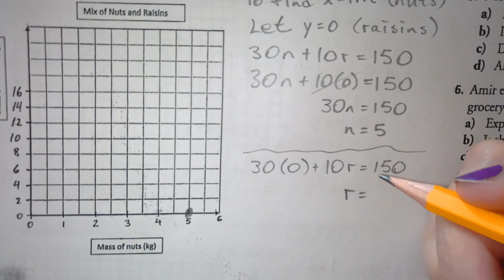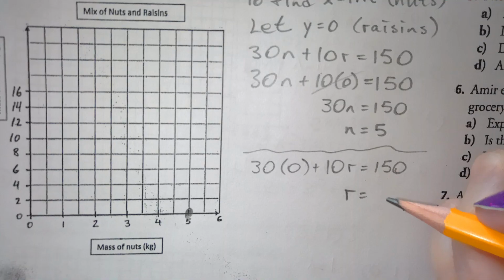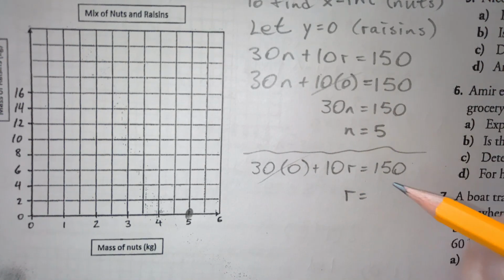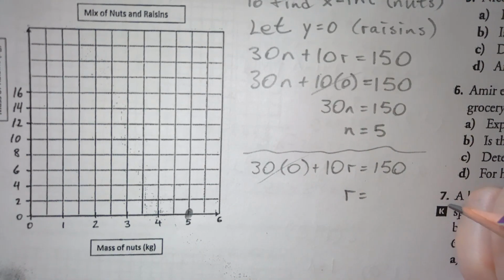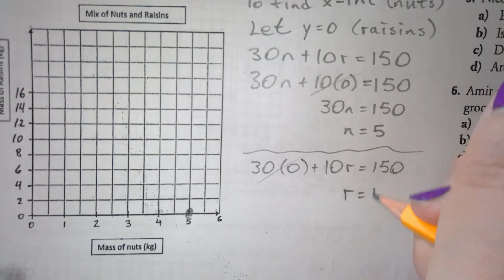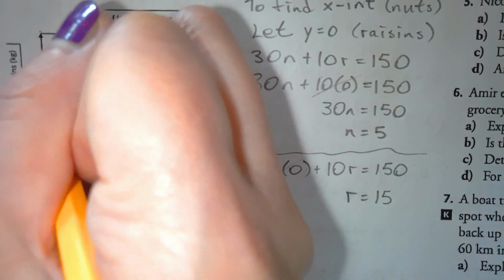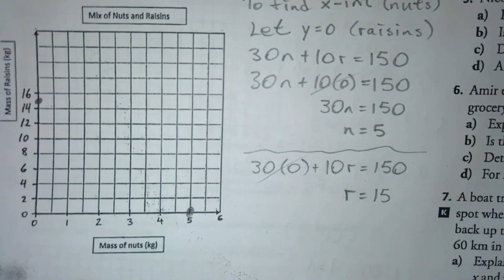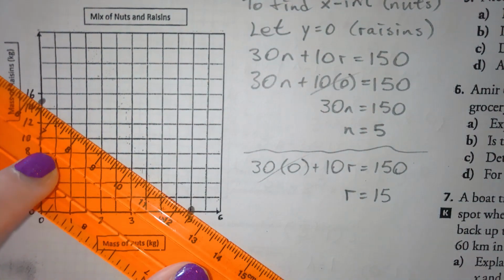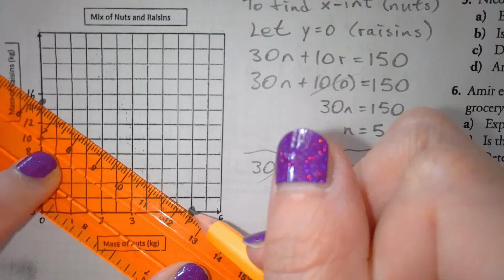Jasmine, how about you? 150 divided by 10? 15. Good. All right, so 0, 15. Right here, I have my 2 points, so I can draw my line.